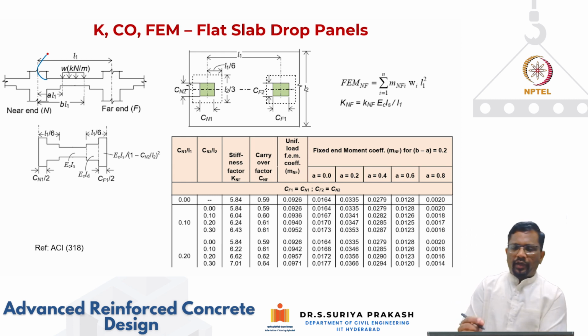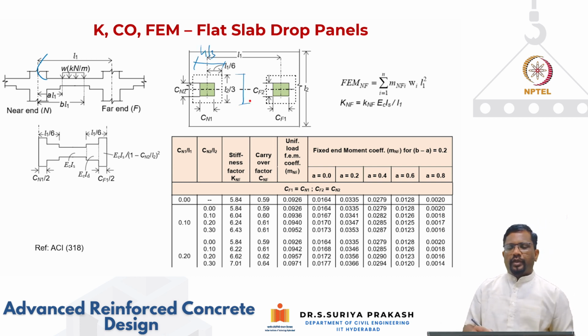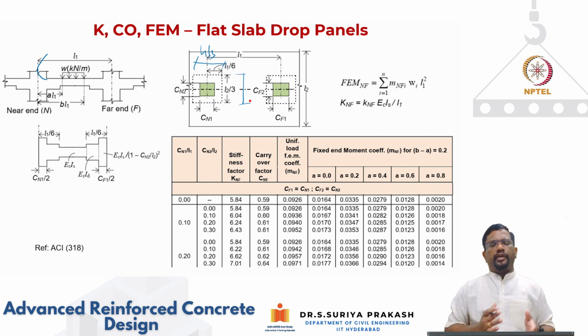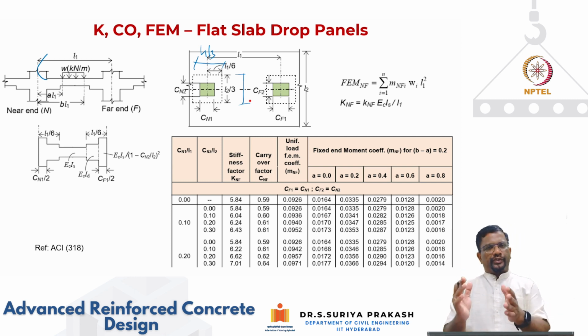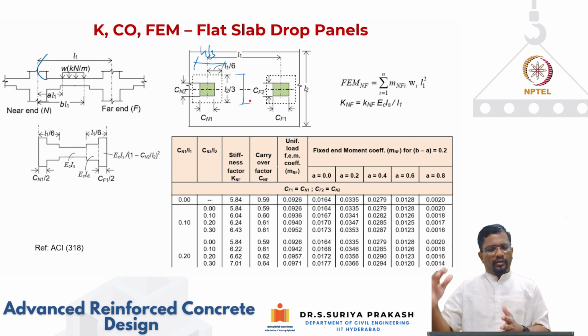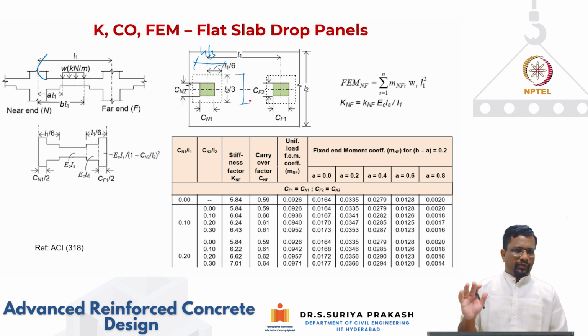Here, if you see, drop panel dimensions have been kept as L1 by 3, and in this direction it is L2 by 3. Because to derive these stiffness factors using the column analogy method, I need to fix some standard dimensions. People have fixed standard dimensions as a fraction of your span lengths, then the tables have been arrived at and are readily available. That is what we are going to use.